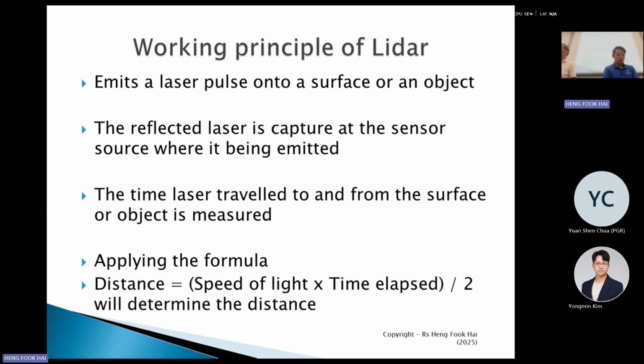Because the pulse goes first to hit the object, then reflects back from the object. So you need to divide by 2, right? This determines the distance from the LiDAR equipment to the object that you want to measure.